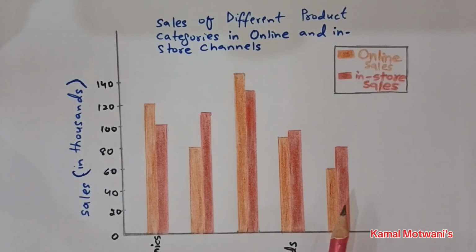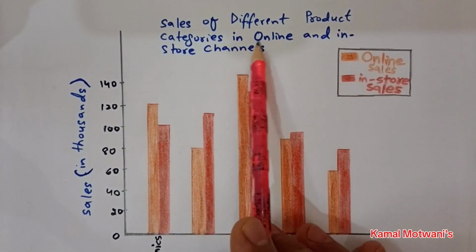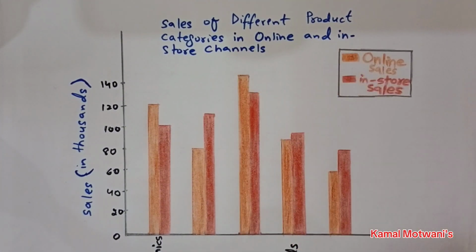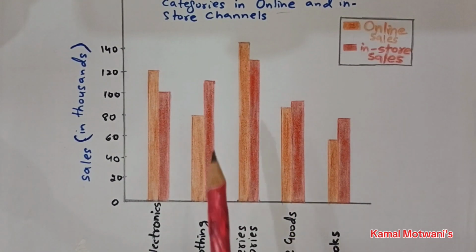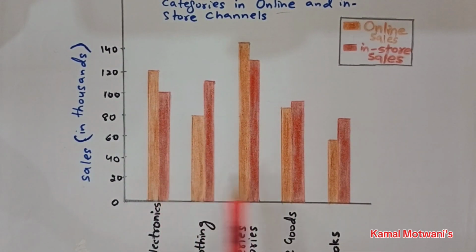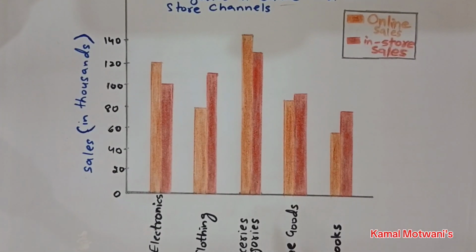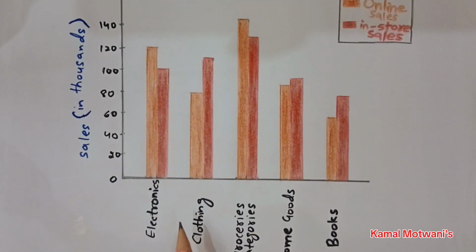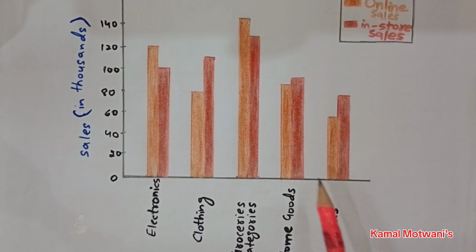So the title of this bar chart is sales of different product categories in online and in-store channels. Here is the bar chart. You see, these are the bars. On the x-axis we have the variables: electronics, clothing, grocery categories, home goods and books. 1 2 3 4 5, we have 5 variables on the x-axis.